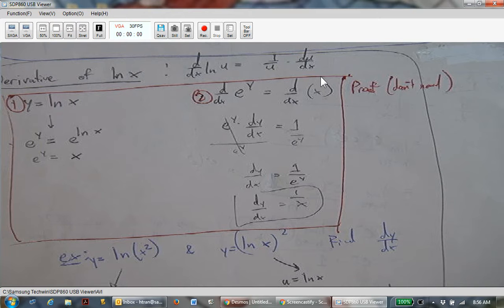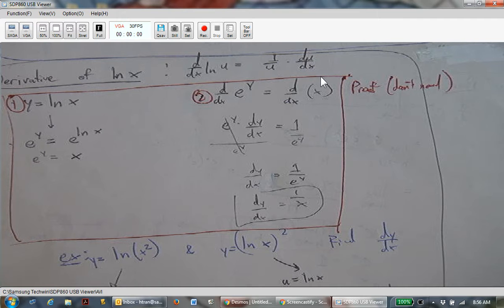So let's go, ln of x. There's a big function and a small function. I don't do the inner guy first, I do the outside first. So who is your u? The whole thing, so it's u squared. What is the derivative of u squared?